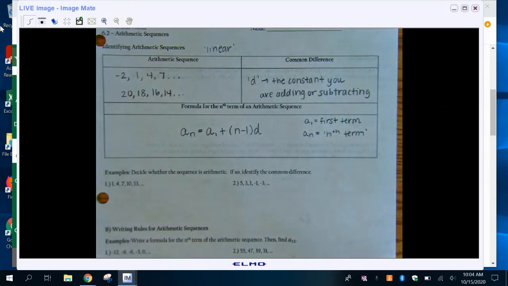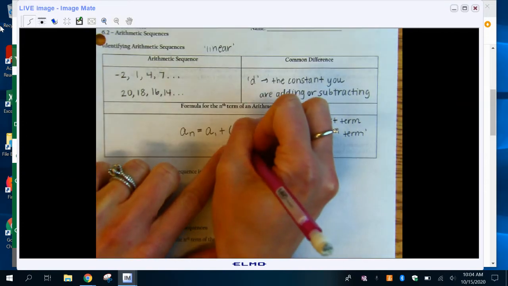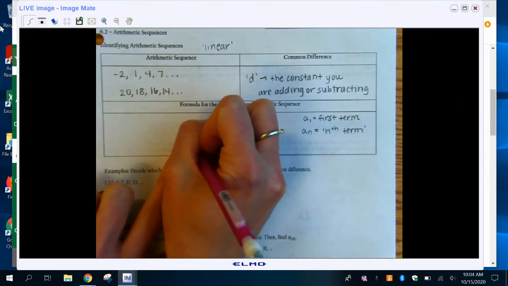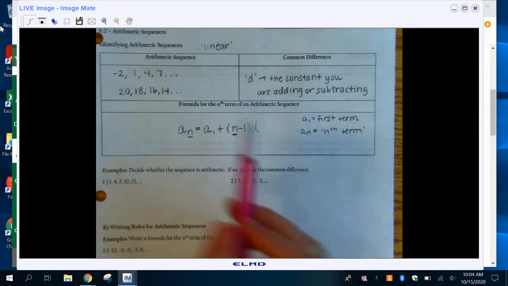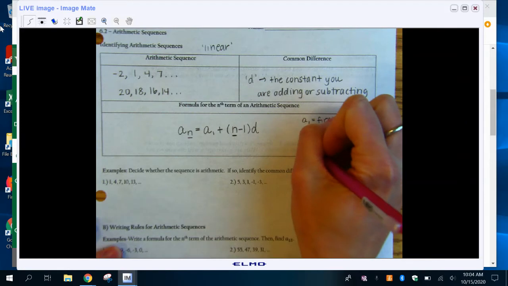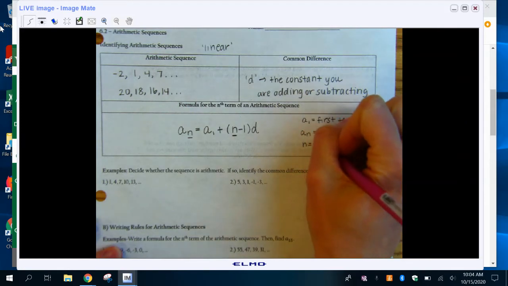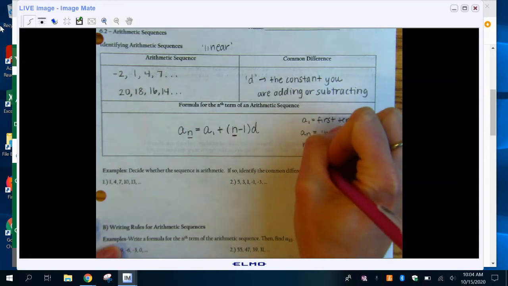If we want it to be a sub 20, that would be the 20th term in the sequence. Okay, so then this n right here should be whatever that value is. So a sub n is the actual term itself. N is the placement of that term. And then d is our common difference.